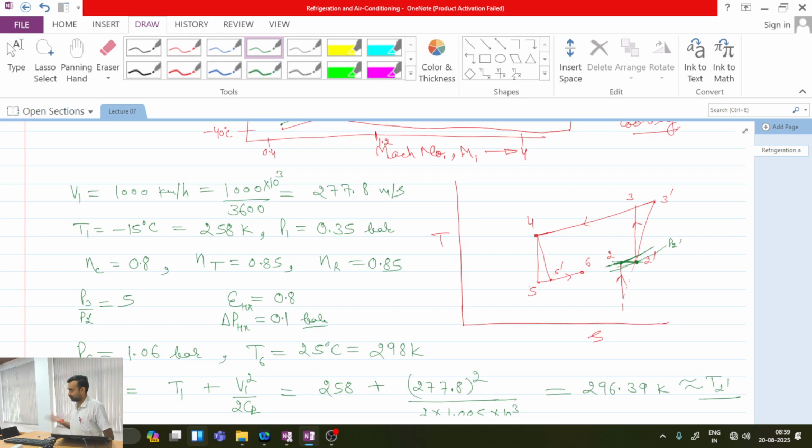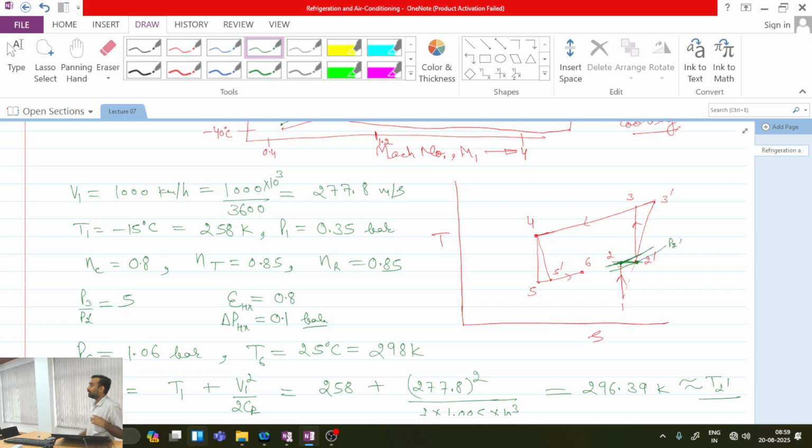Yes, it is happening on the system, but it is happening because of the propulsion of the aircraft in the forward direction. So its penalty is coming on engine power. It's not a desired outcome for our refrigeration system, so in refrigeration we are not using it anyway.